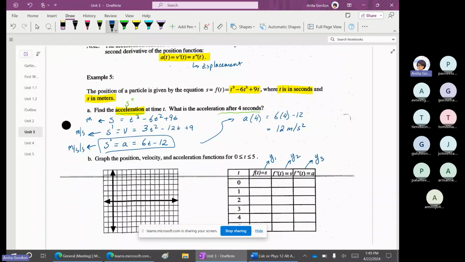So I'm going to take a moment here and do that. And I'm going to give you a bit of a head start. We're going to then go to table and do a table of values for all 3 of these.